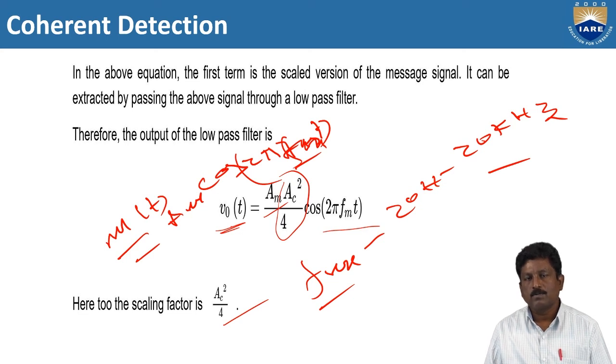The same frequency can be generated at the receiver side, that is the demodulation side, by the arrangement of the local oscillator, which can generate the carrier signal C of t equal to AC into cos 2 pi fct, where fc is the carrier frequency of the locally arranged local oscillator, which is similar to the carrier frequency of the transmitter fc. Both are in synchronization, so this detection is called coherent detection.